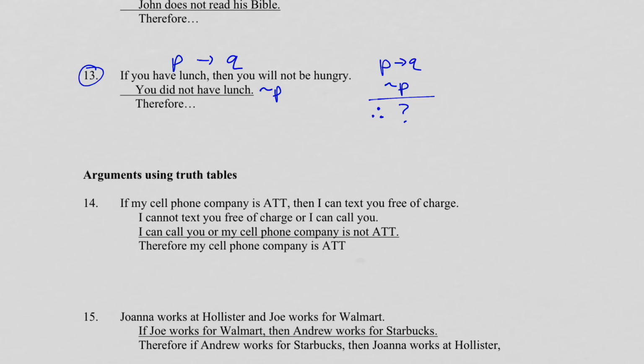But if you take a look at argument number 2, it's almost a match. So you got to negate the conclusion, not the premise, and then you can conclude a negation of P. Okay.